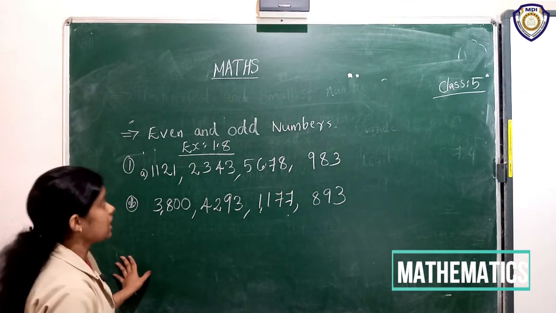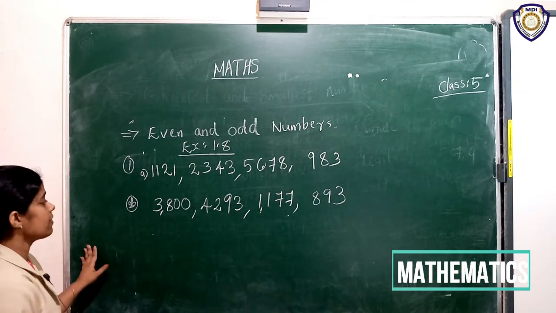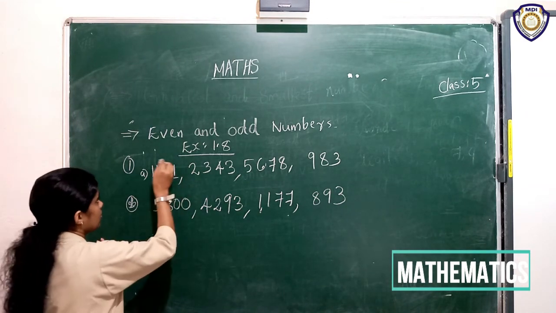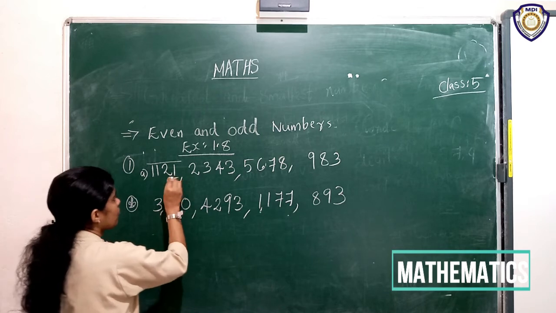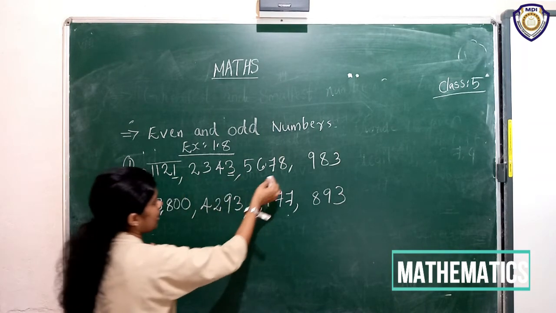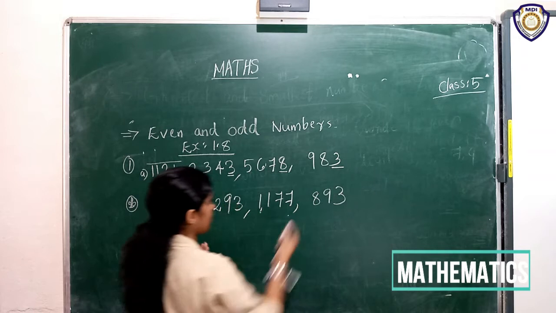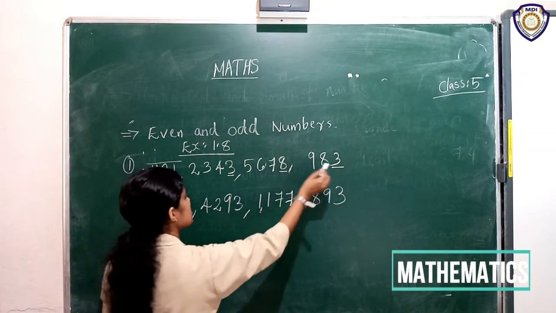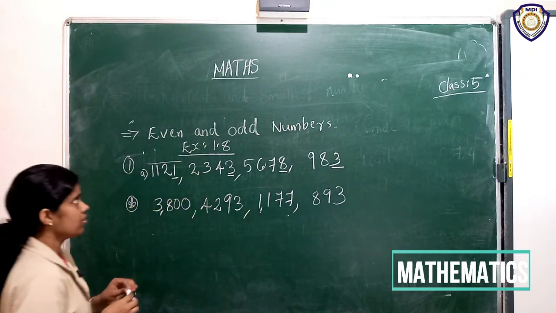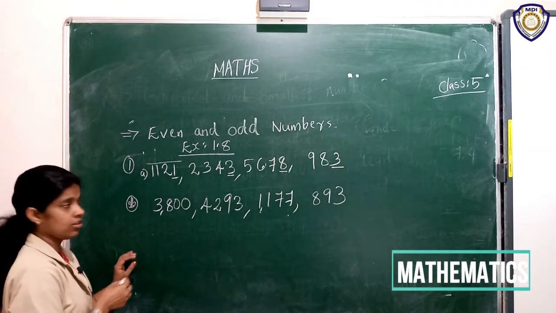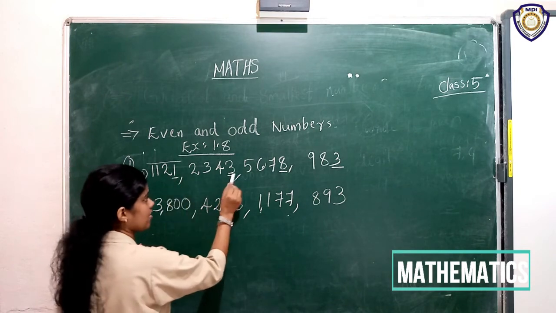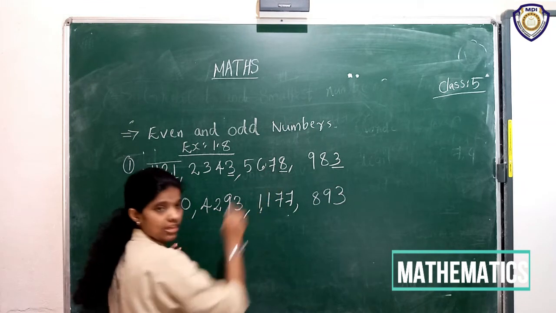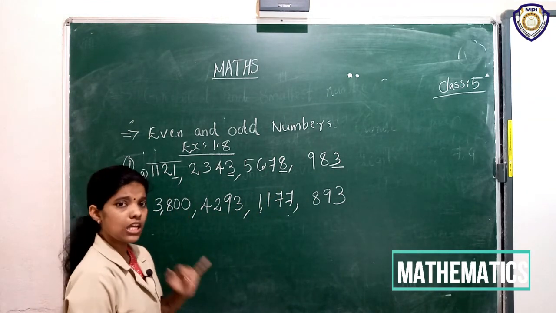Circle the even numbers. Here, look at the last digit, the digit in the ones place. Here 1, 3, 8 and 3. Which number is the even number? 8 is the even number.